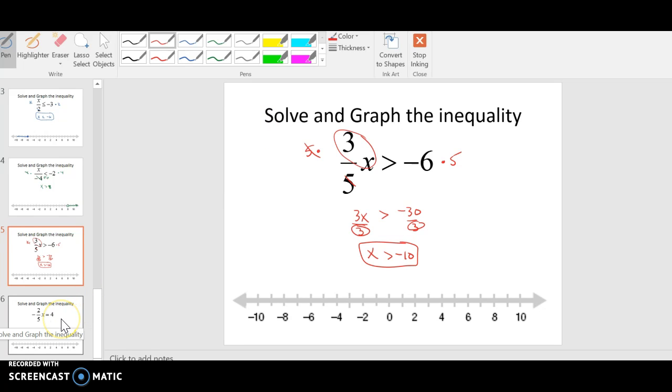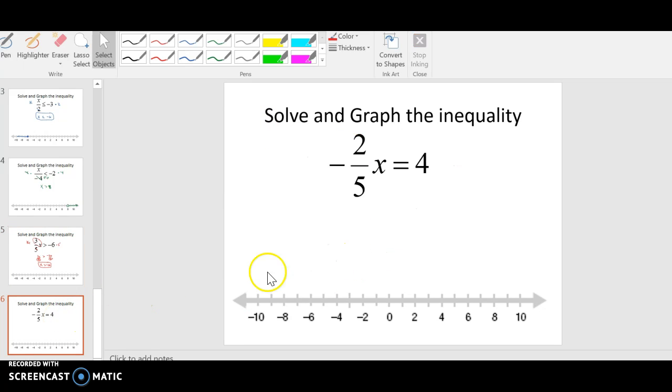And the last example here. I see I have negative 2/5. So what I would do is multiply both sides by 5. But what do I have left here? I have negative 2x. Oh, let's go ahead and change this to greater than or equal to. Sorry.